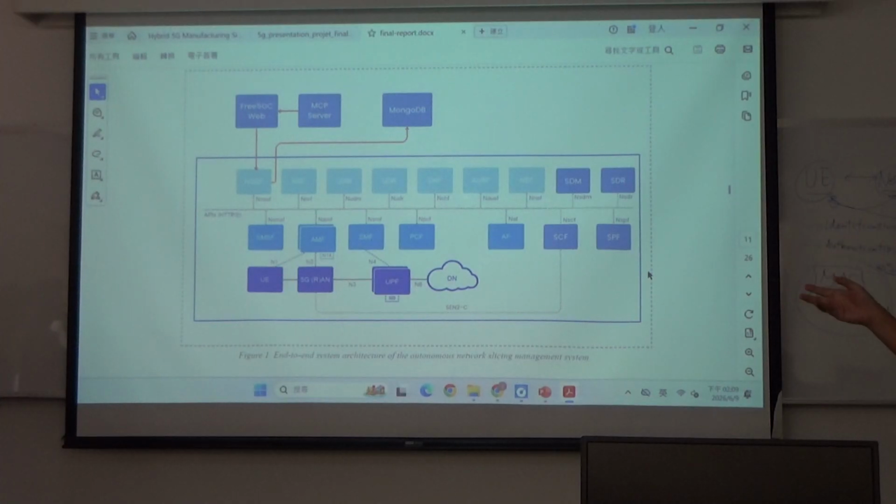Well, I want to say, for example, your QoS, quality of service, is 5 milliseconds. That's for ultra-reliable low latency communication, right? So once the latency is, for example, higher than 5 milliseconds, your system should be able to respond to this change. Yes, should be.